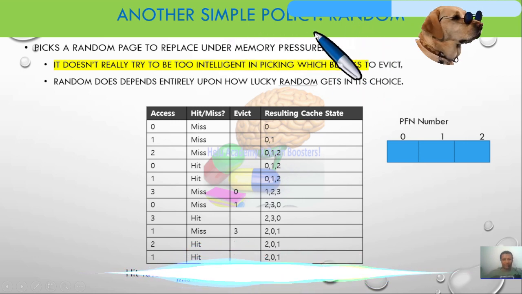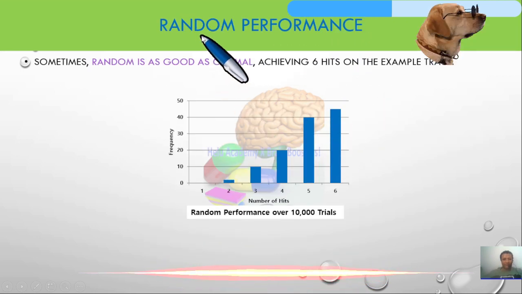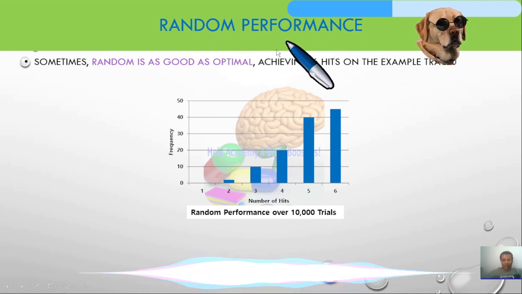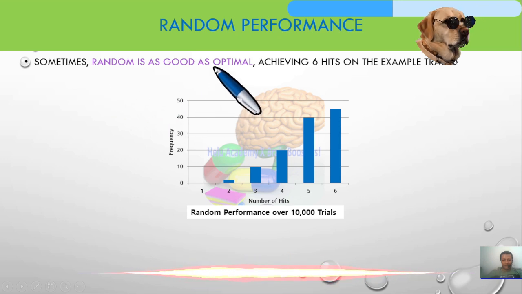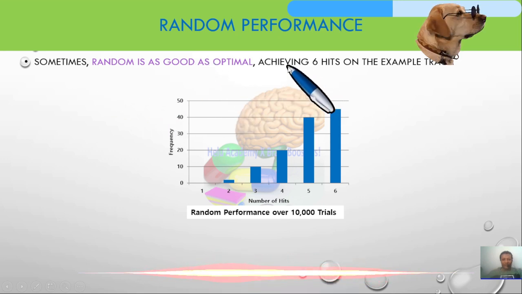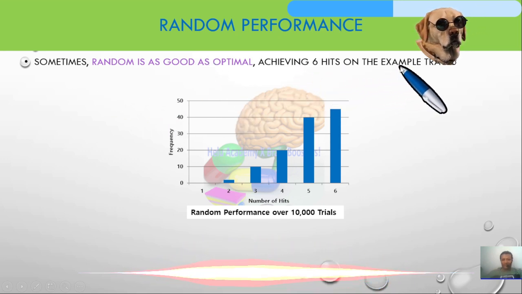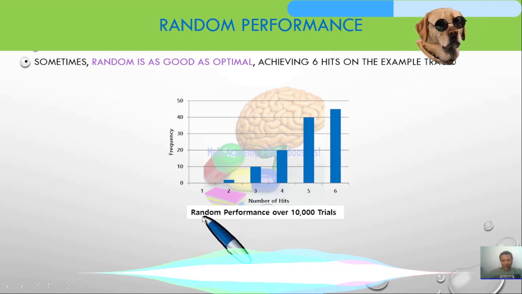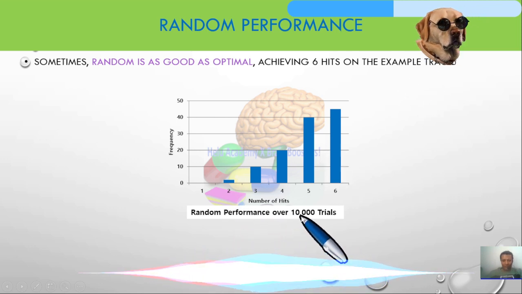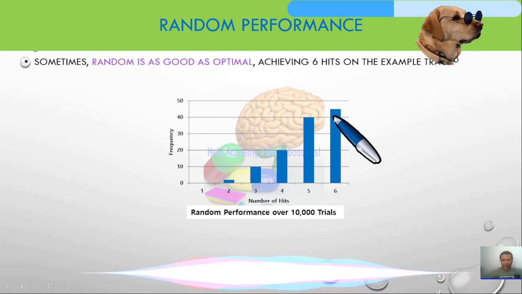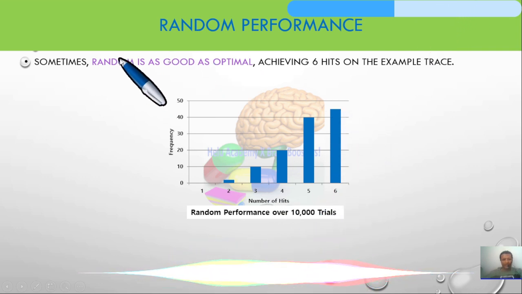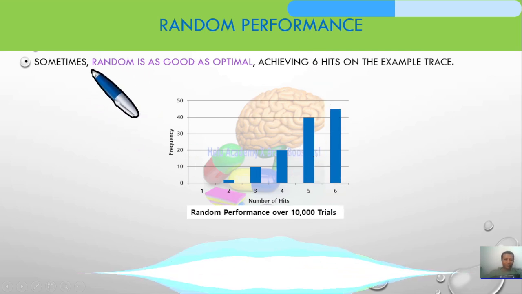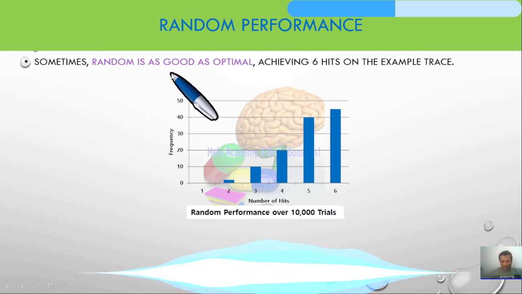This is random. Sometimes random is as good as optimal, achieving 6 hits on the example trace. If we run random over 10,000 trials, we find the number of hits is around 6, just like what optimal gave us. So sometimes random is as good as optimal.